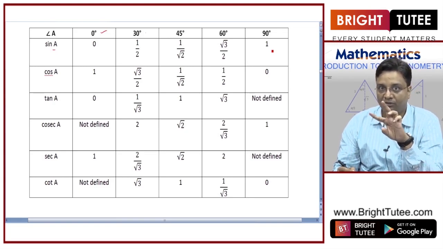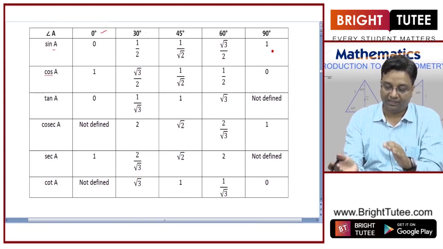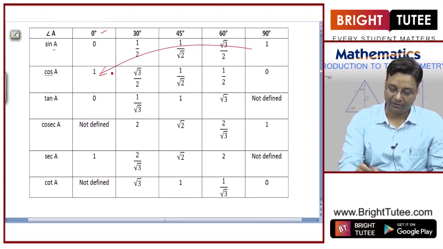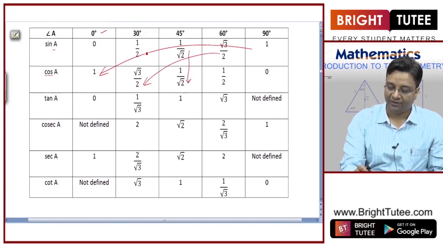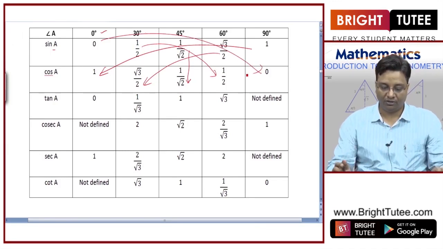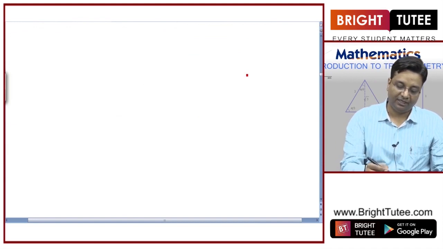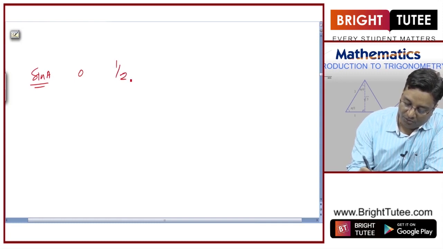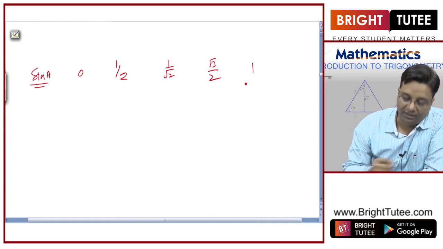For cos, you need to just flip these values. If I just flip these over, so 1 will come here, right, root 3 by 2 will come here, 1 by root 2 will remain here, right, 1 by 2 will come here, 0 will come here. So, I have just flipped this table for cos. What is happening here is values of sin A are 0, 1 by 2, 1 by root 2, root 3 by 2, 1, right.